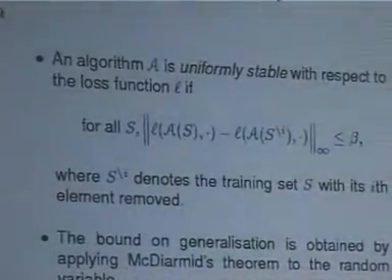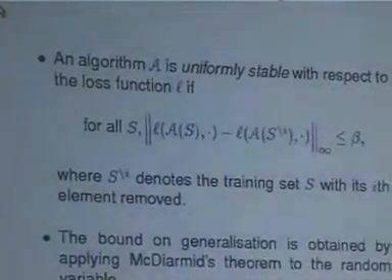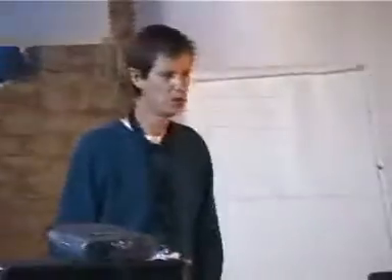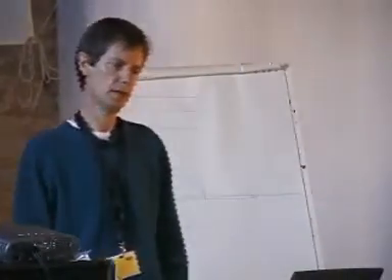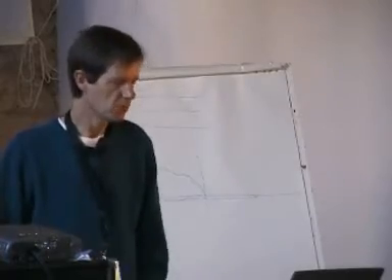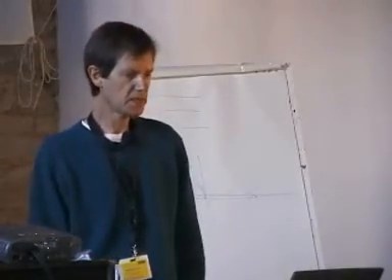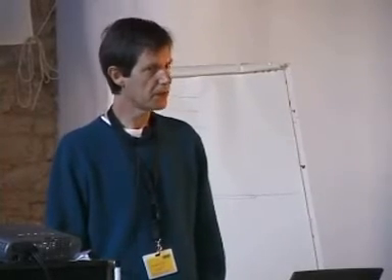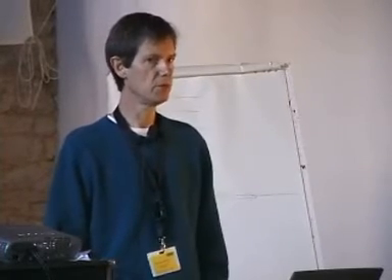So it's a fairly strong requirement, but surprisingly many algorithms, and even the SVM, in the case of the one norm SVM, you can get a bound on this beta. I'll show you later. It is actually remarkable that it is so applicable. It does make sense in some respects in that you wouldn't want things to change too much just by removing one example.